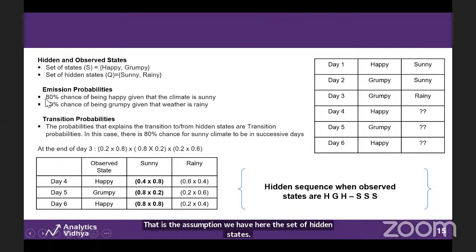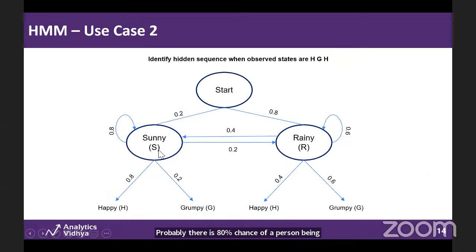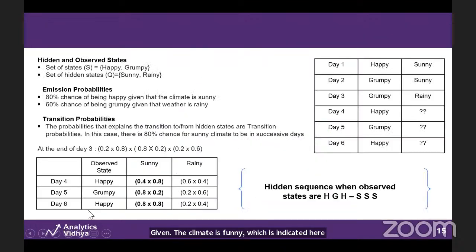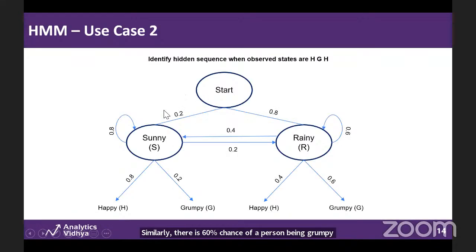So as I mentioned earlier, in terms of emission probability, there is an 80% chance of a person being happy given the climate is sunny, which is indicated here. Similarly, there is a 60% chance of a person being grumpy given that the weather is rainy, which is here.